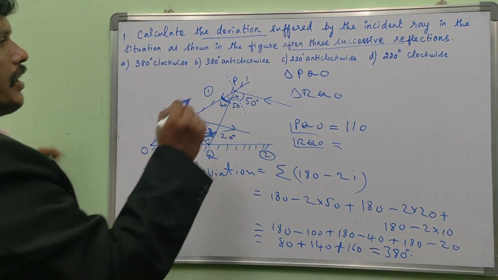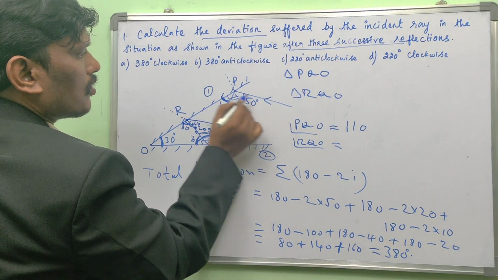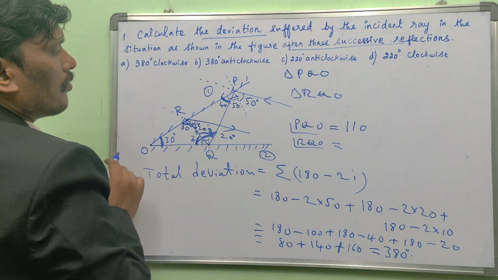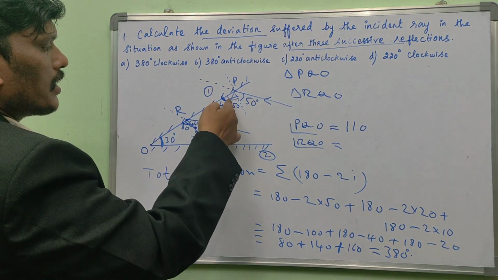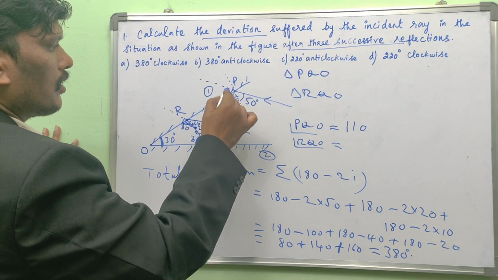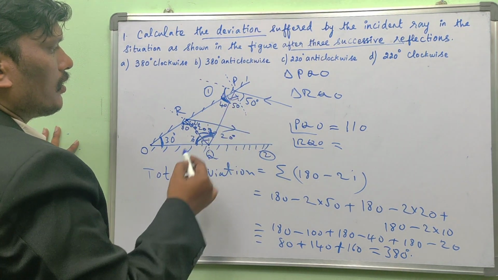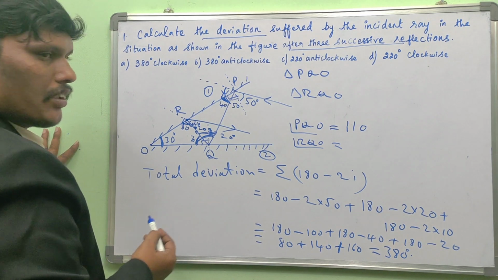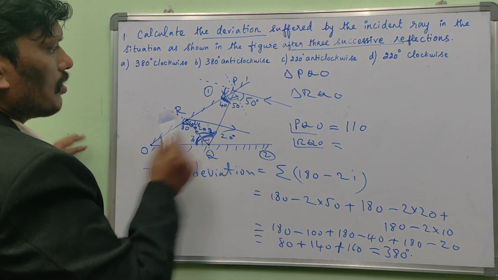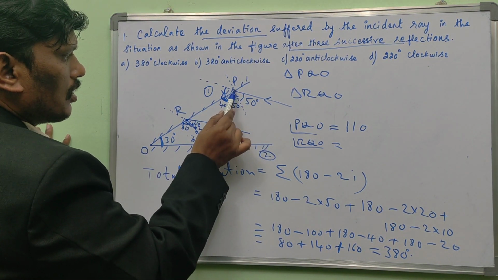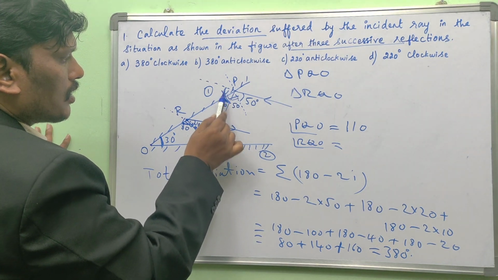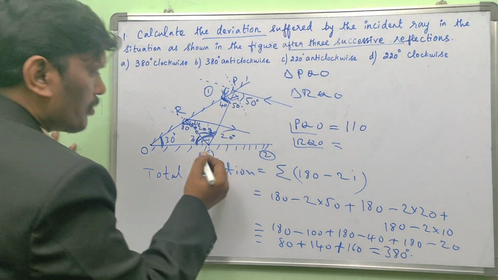Let us see here what the original path is. From the original path, how much is it deviated? This much is deviated. That is a clockwise deviation. From the original path, how much will it be deviated? This much, clockwise.